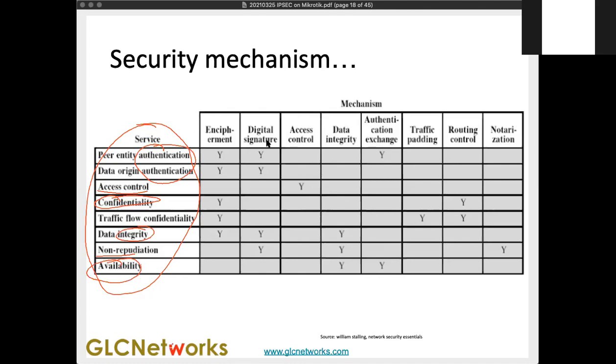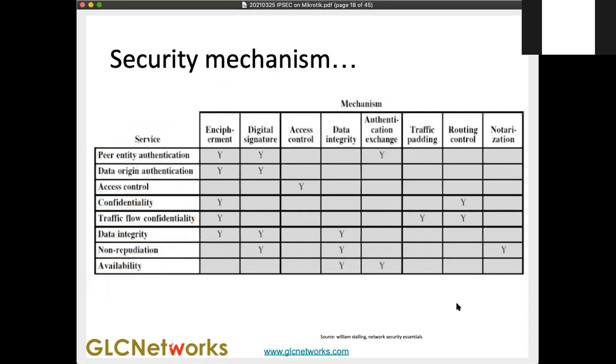Some mechanisms you can implement are encryption, digital signature, access control, data integrity, and others. This is the service, and here is the mechanism, the technical implementation of how you achieve the service.